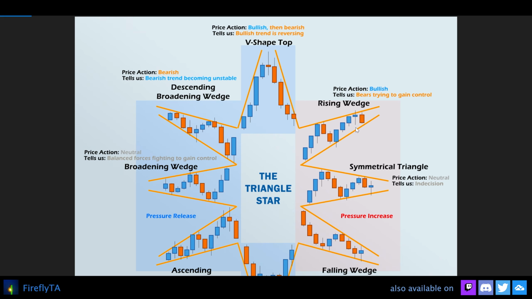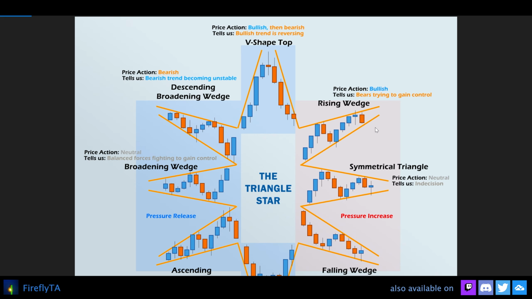This means that a rising wedge often turns out to be a structure that tells us a reversal is coming soon, or at least a retracement from this structure, from the resistance that is pressing price down here.